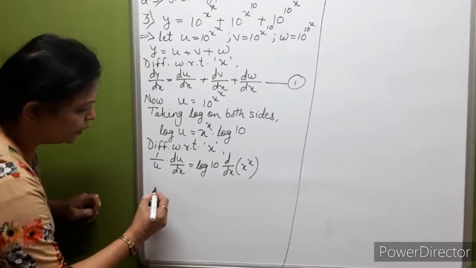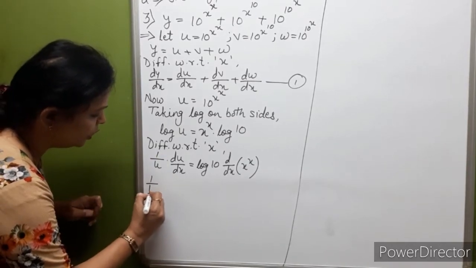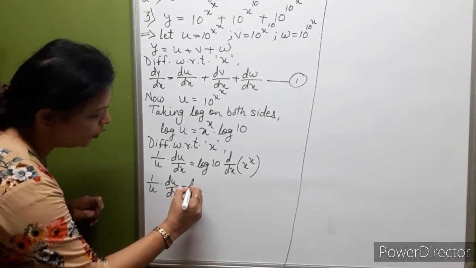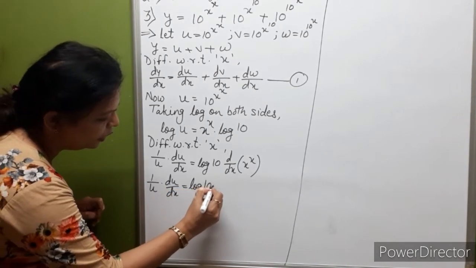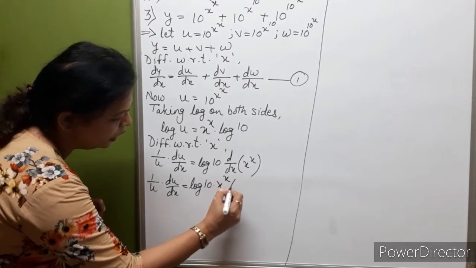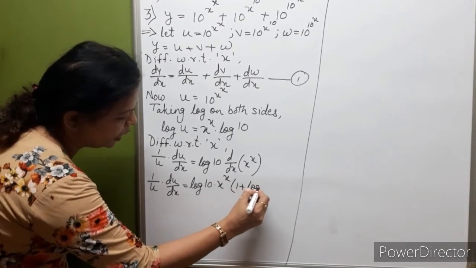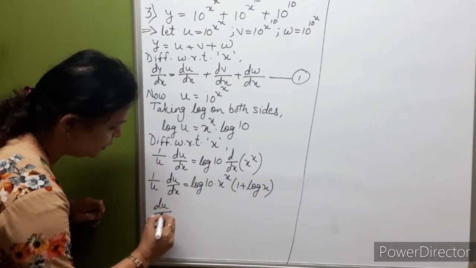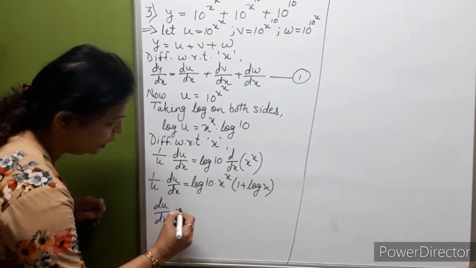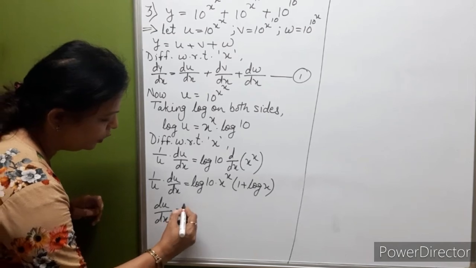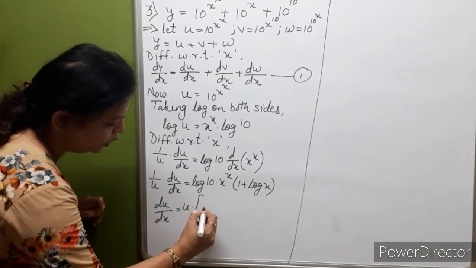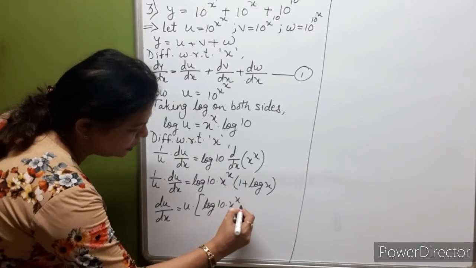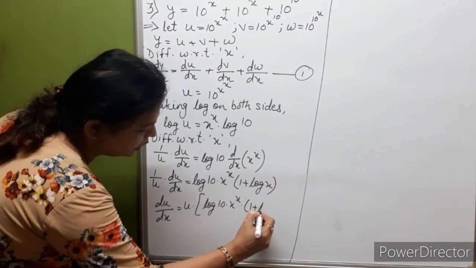So you will get here 1 upon u into du by dx is equal to log 10 into x raised to x into 1 plus log x, or du by dx is equal to u into log 10 into x raised to x into 1 plus log x.